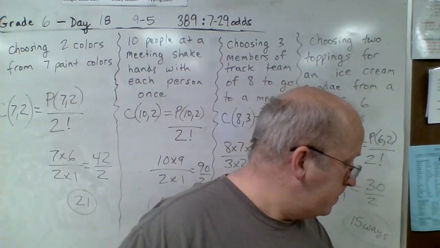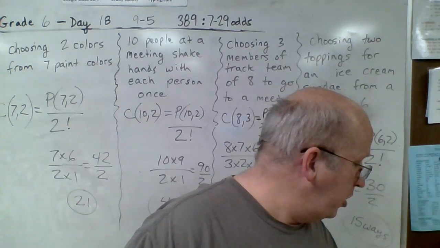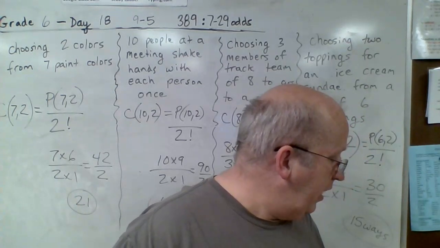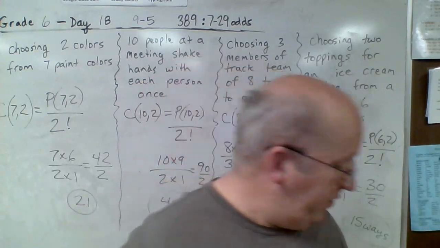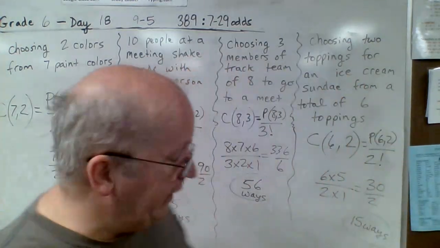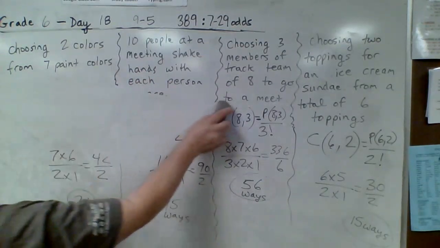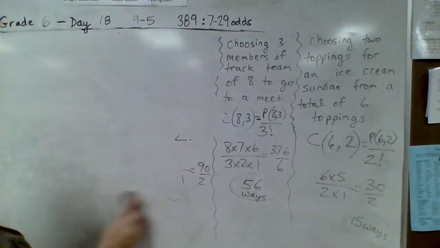Let's do one of the problems on 389. Actually, we're going to do a couple of them. When you look at problems 5 and 6 on 389, can you tell whether a problem is a permutation problem or a combination problem? Look at number 5.